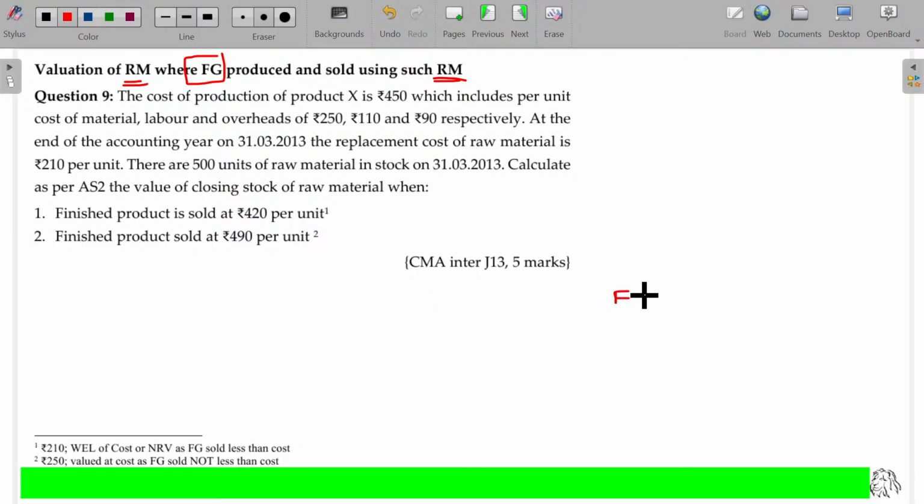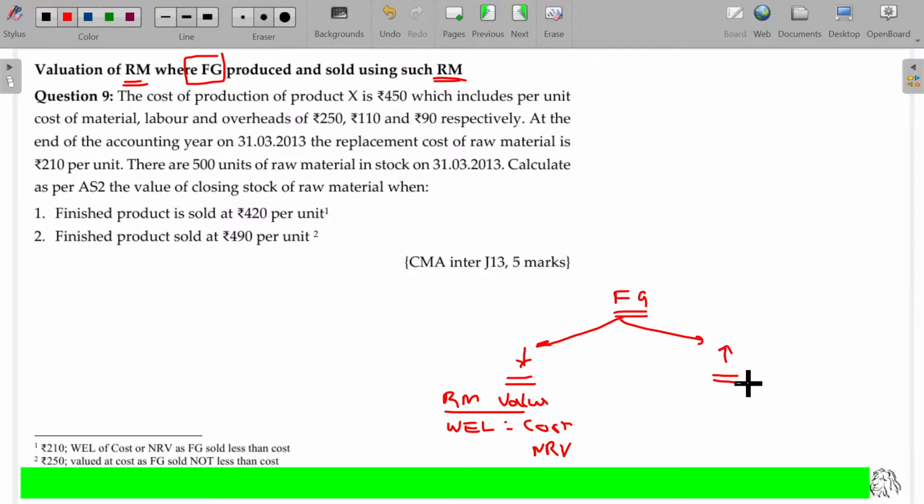So now the question is finished goods: does the value decrease, remain the same, or increase? If the finished goods value decreases, raw material value is whichever is lower of cost or NRV. If the finished goods value increases or remains static, then raw material value is cost only. You need not undervalue based on the NRV.